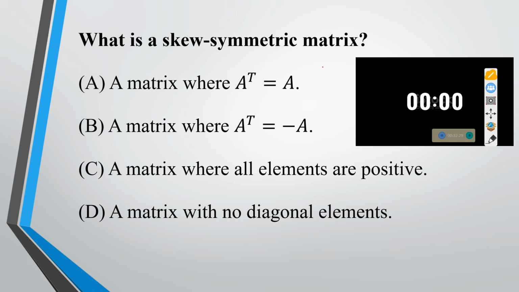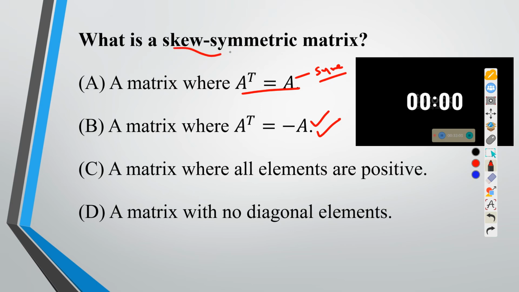So we look at the answer. We are told what is a skew-symmetric matrix. A skew-symmetric matrix is that matrix where the transpose is equal to the negative of that matrix. So a matrix where A transpose is equal to negative A is what we call a skew-symmetric. This is a symmetric matrix: if the transpose of the matrix is equal to the matrix itself, then we have what we call a symmetric matrix.